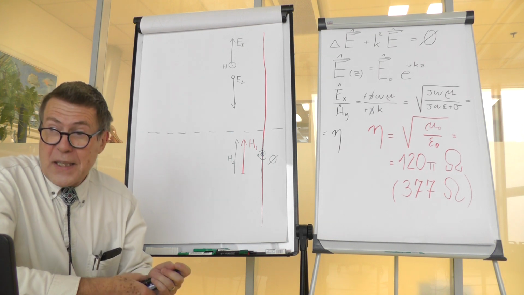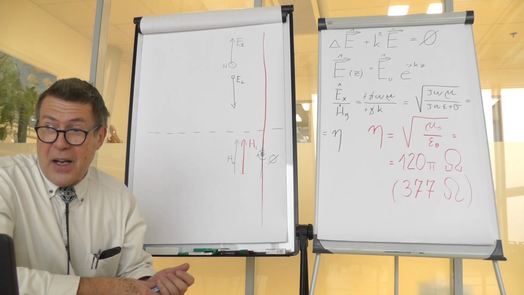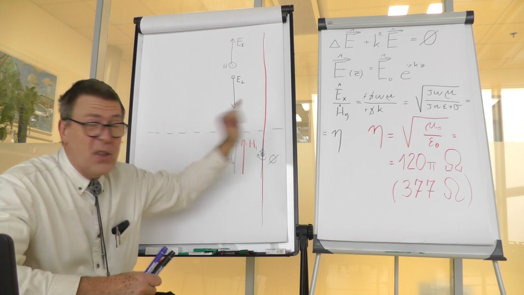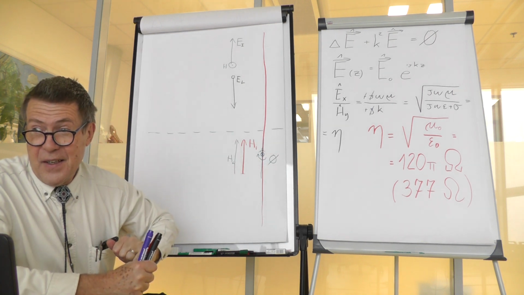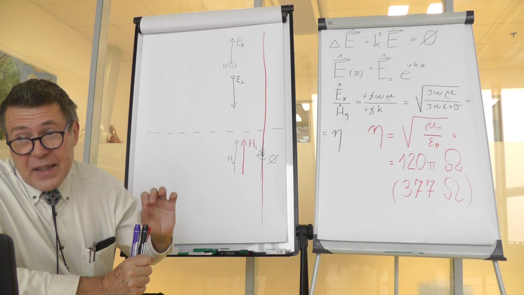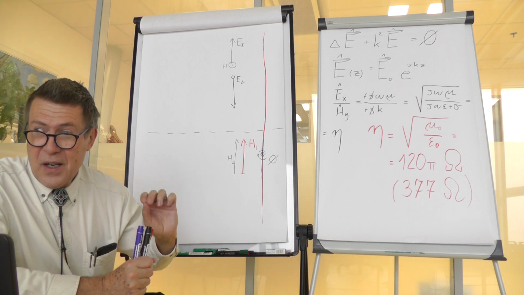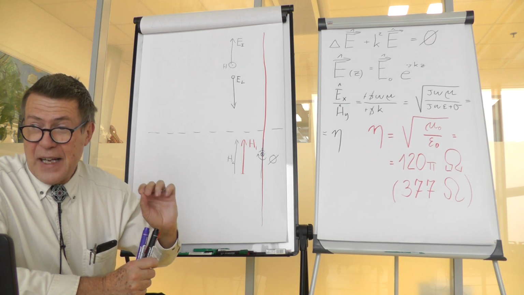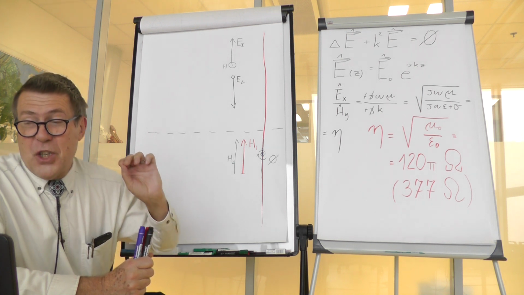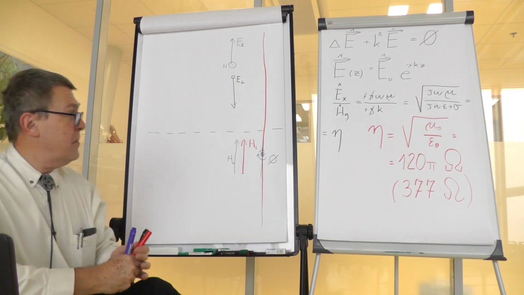And therefore, once you have a current flowing on the surface of the conductor, there is a very tiny but non-zero component of the electric field strength which is tangential to the surface.